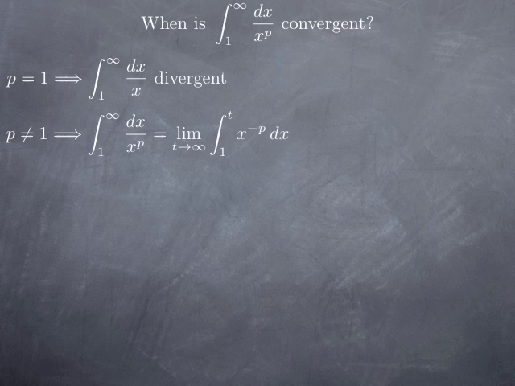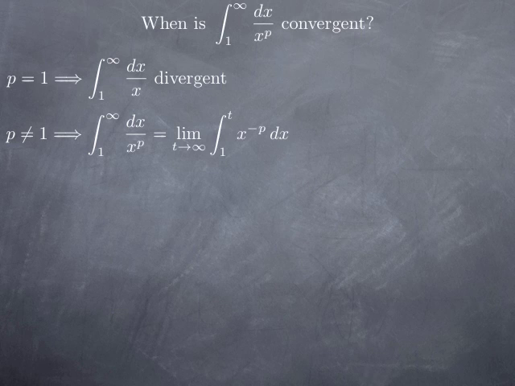In other words, we can use the power rule for integrals. So we look at the definition of the improper integral. It's the limit as t goes to infinity of the integral from 1 to t of x to the negative p. As t goes to infinity, we're assuming that t is greater than 1. In particular, 0 is not in the interval from 1 to t, so the function is continuous on the interval.